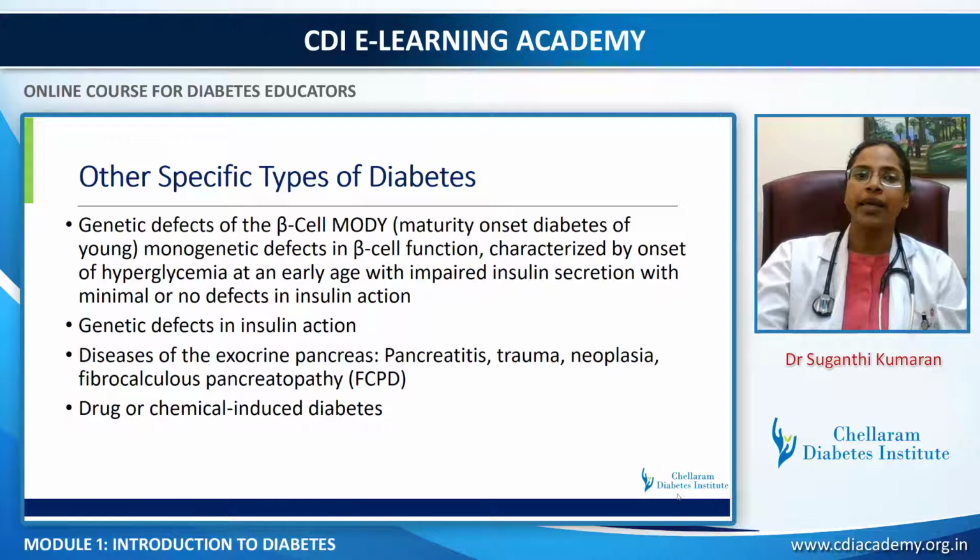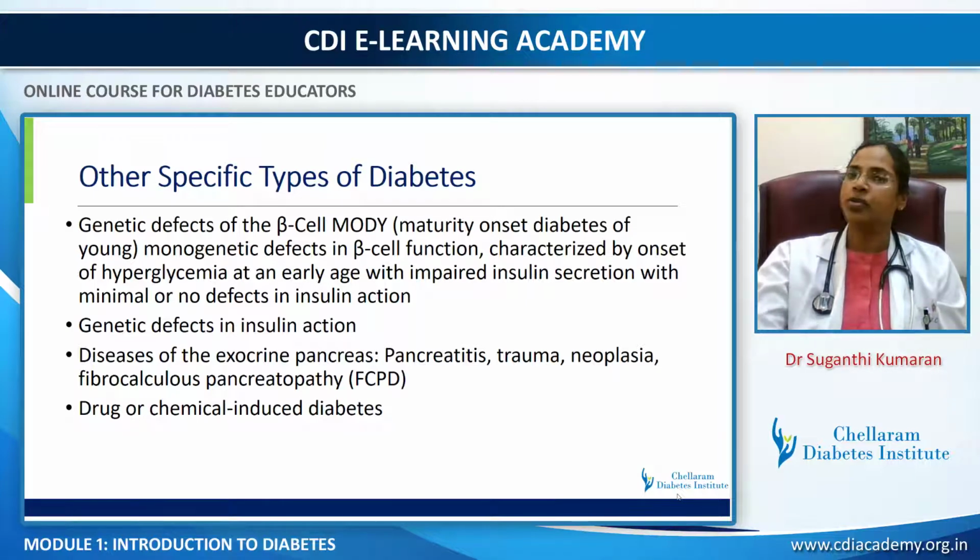It is characterized by the onset of hyperglycemia at an early age with impaired insulin secretion, with minimal or no defect in insulin action. Again, here the insulin action is almost normal, but it's the beta cell which is not doing its function properly. The second genetic defect is where beta cells are fine, however the insulin action is defective.